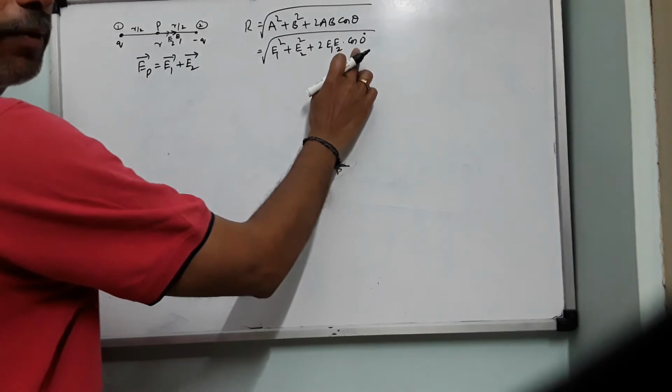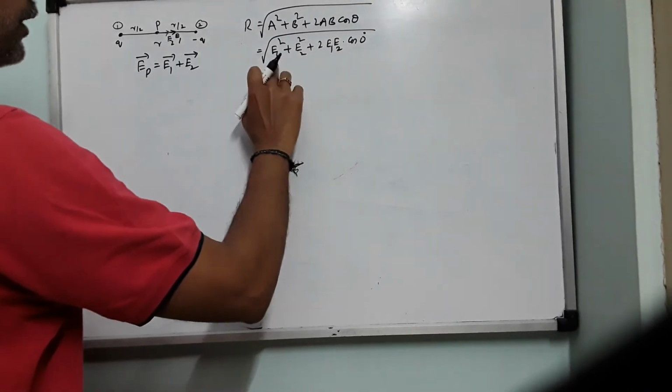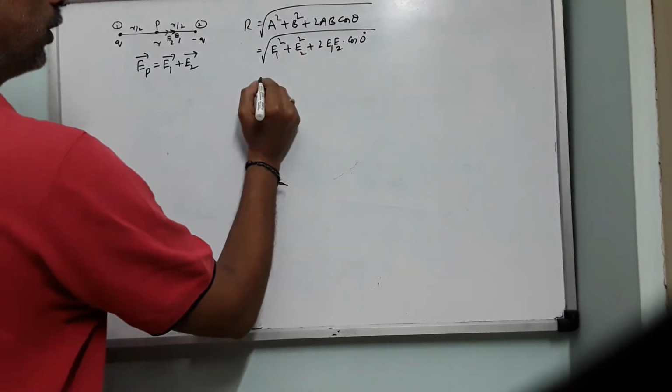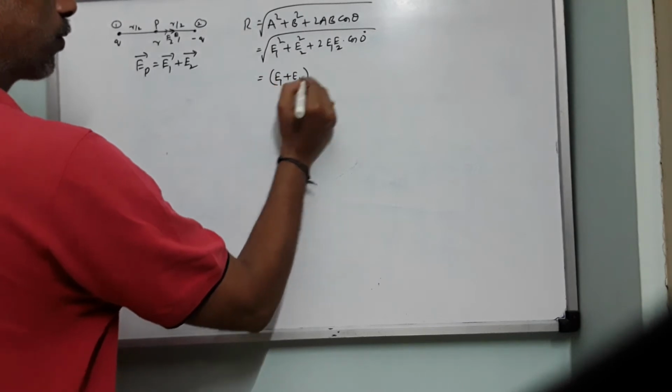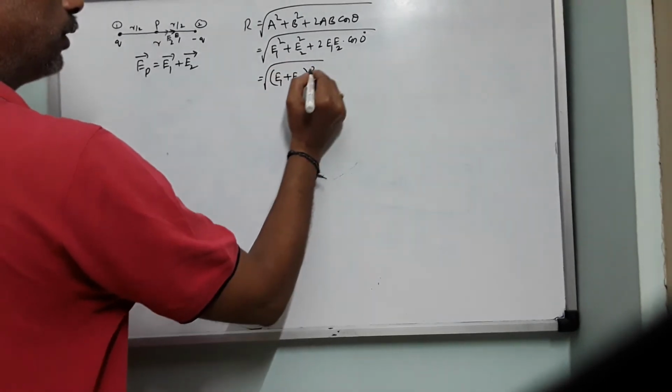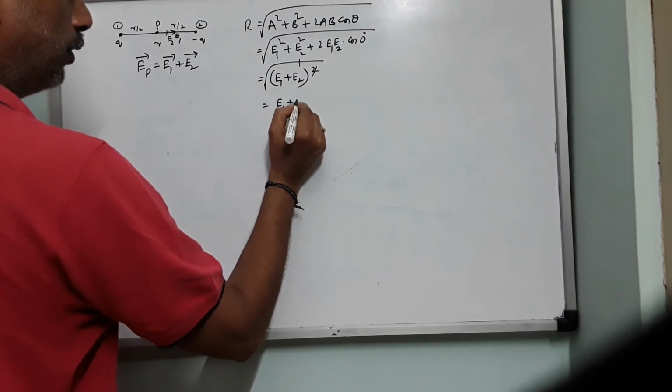Cos 0 is nothing but 1. So it will be 2E1E2, and this is A square plus B square plus 2AB. So this is A plus B whole square, E1 plus E2 whole square under root. Now this square and under root will cancel, you will get E1 plus E2.